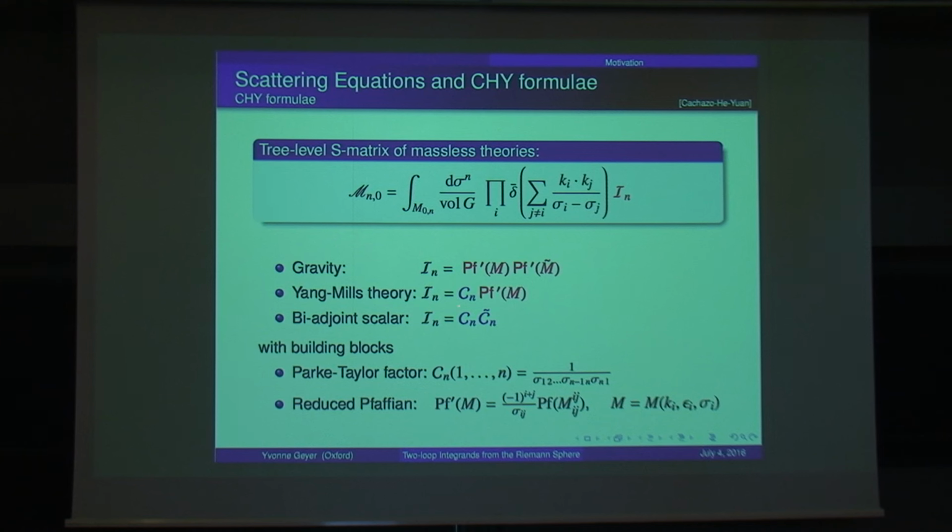And to get to Yang-Mills theory, we just replace one of these by a Parke-Taylor factor, which encodes the color, and the Geyer scalar is given by just two copies of the color. Now, you might have seen that I've done there a sort of unconventional going down from gravity to Yang-Mills, but you'll see that this will repeat, because in this case, actually, the theory that we understand best is the gravitational one.